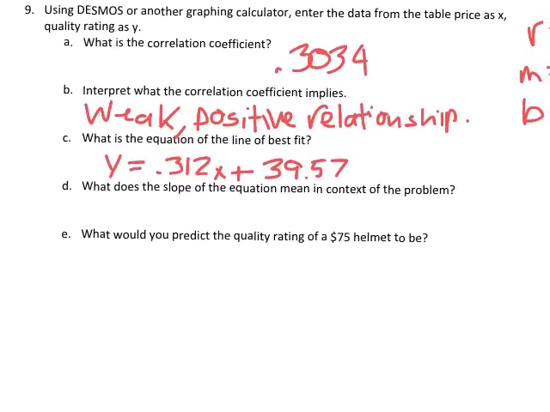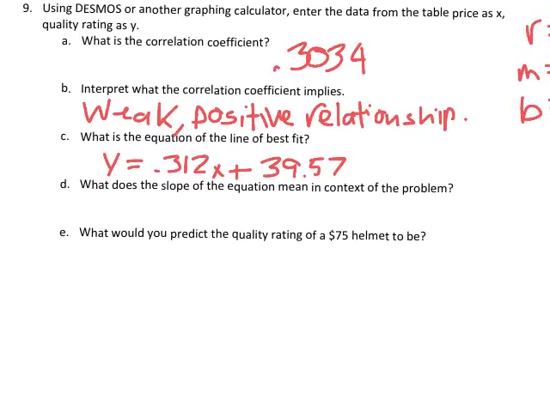So we have a 0.312 slope. So I start with for every X. So for every $1 increase, what is the Y that results? What does Y represent? Quality. So the quality, does it increase or decrease? Is it positive or negative? Positive, so it's going to increase.